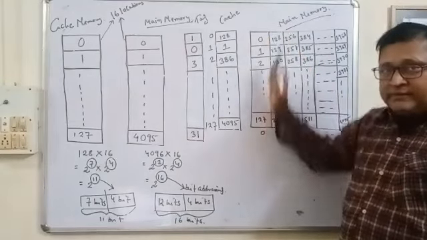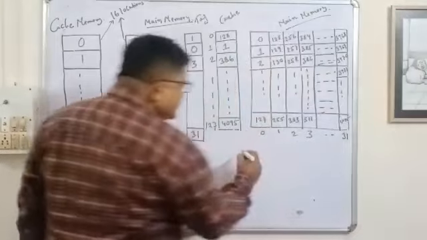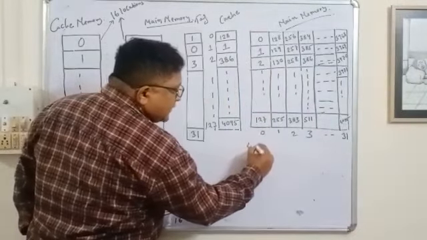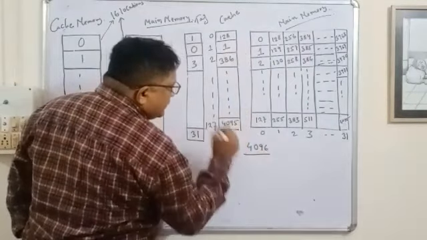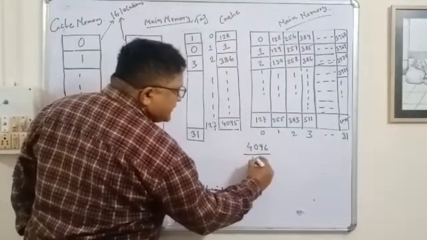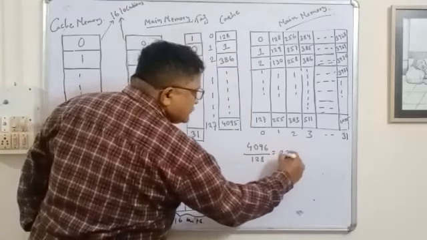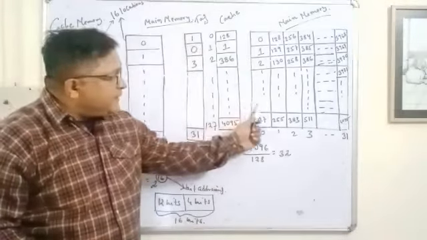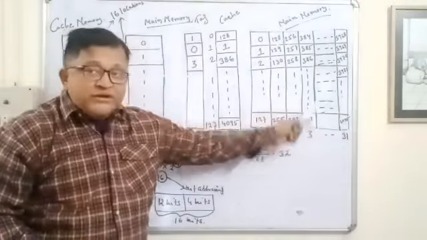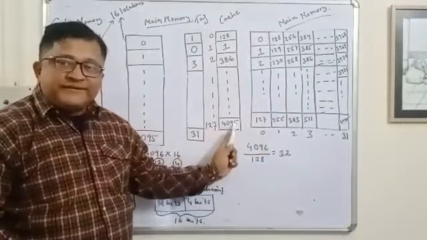Similarly, we divide the main memory into 32 segments. Why 32 segments? Because the total number of pages in the main memory, 4096, divided by the total number of frames in the cache memory, 128, gives 32. Simple. So the main memory is divided into 32 segments so that each segment is compatible with the cache memory frames.